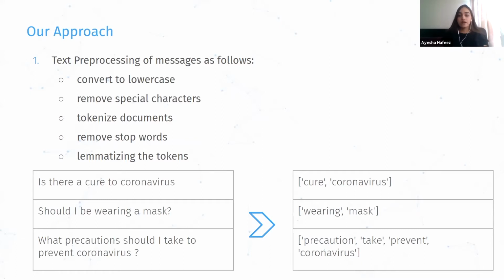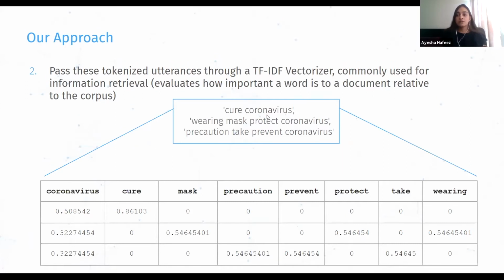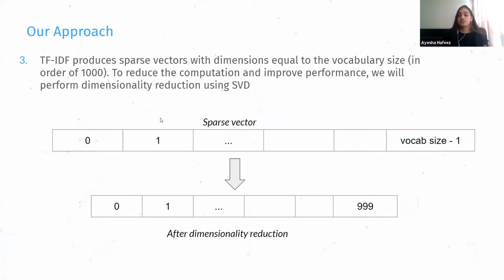And once you have a list of tokens, you pass these tokens through a term frequency-inverse document frequency vectorizer, which is a commonly used technique for information retrieval when you want to detect keywords that are relevant to your document. And so once you've done that, you end up with a sparse set of vectors with dimensions that are equal to the vocab size.